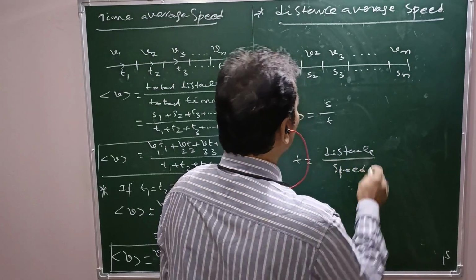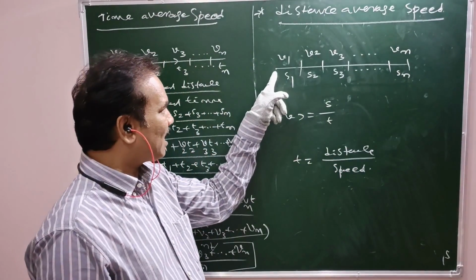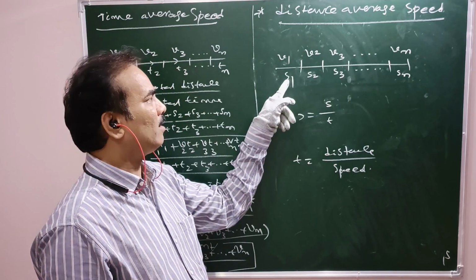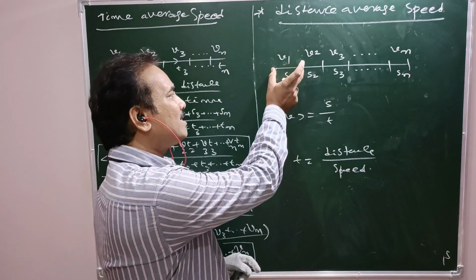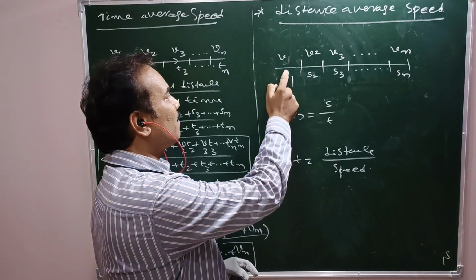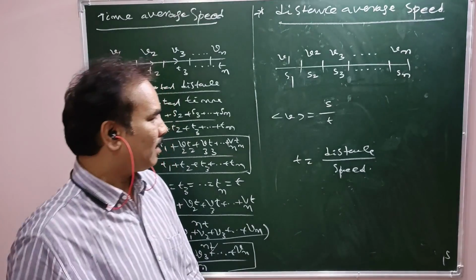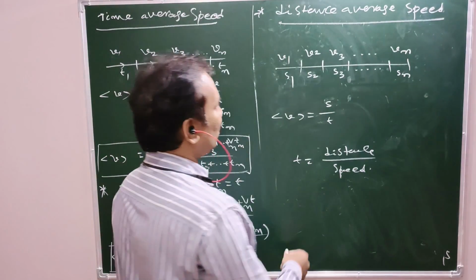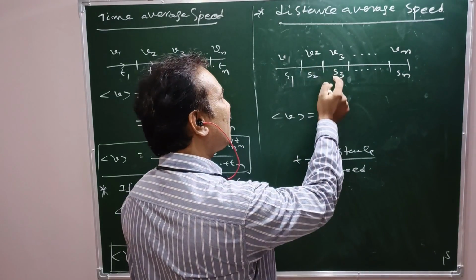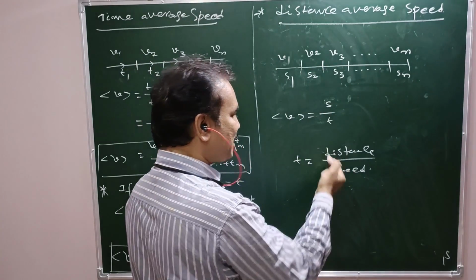Now what is the time taken by the particle to cover S1 with this speed? Let it be T1. T1 means distance by speed, that is S1 by V1. Right? Here what is the time from here to there? That is S2 by V2. Here S3 by V3. Distance by speed.